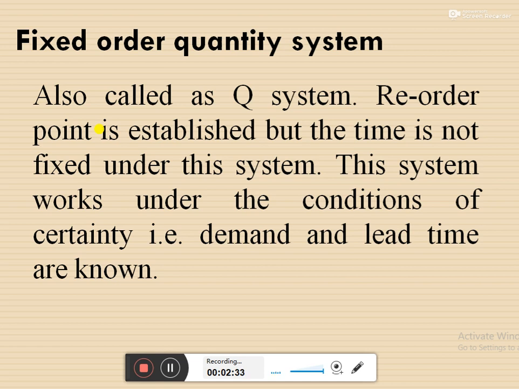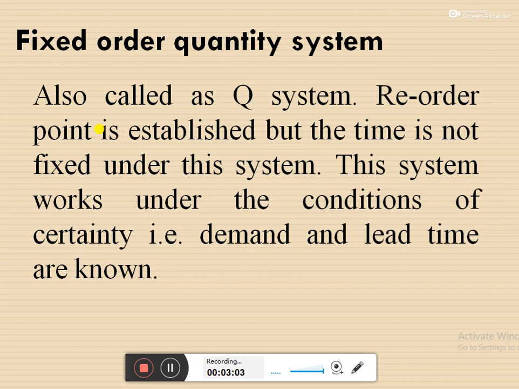In this particular system, the reorder point is established and fixed, but the time to place a fresh order is not fixed. This system works under conditions of certainty, in which the decision maker is aware of the level of demand or the delivery time.